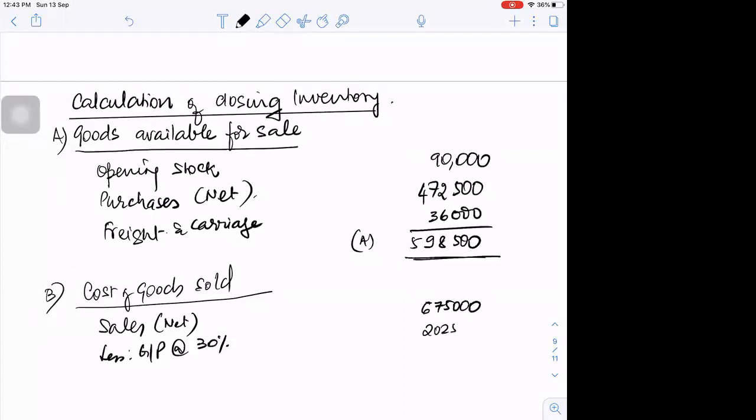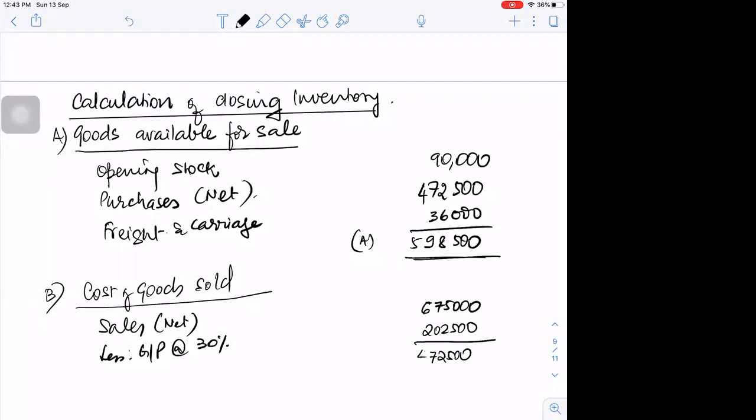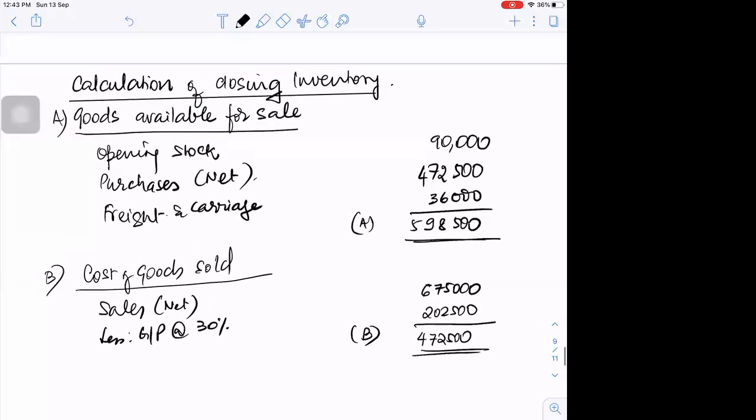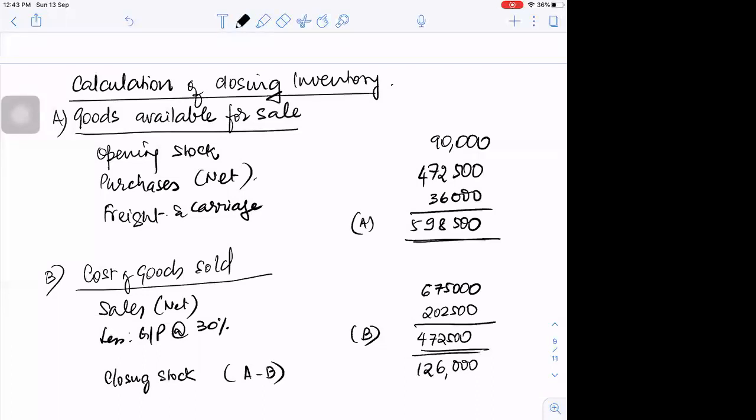So what is the difference there? 4,72,500.